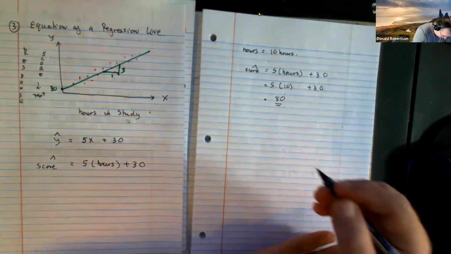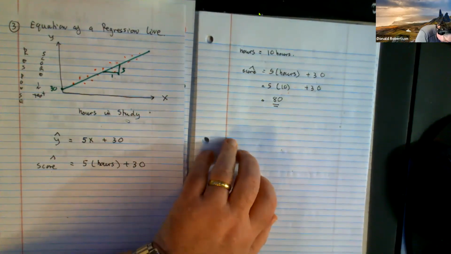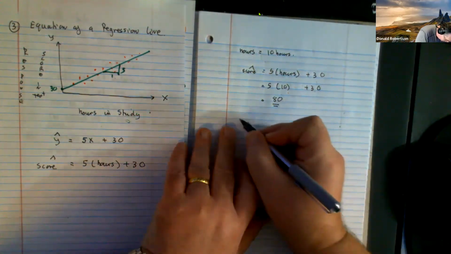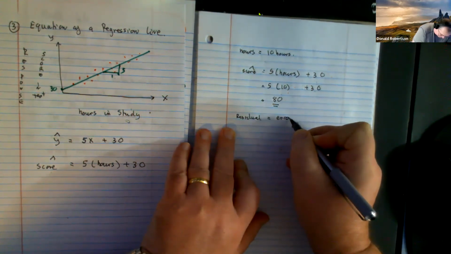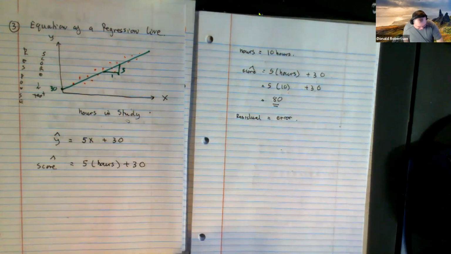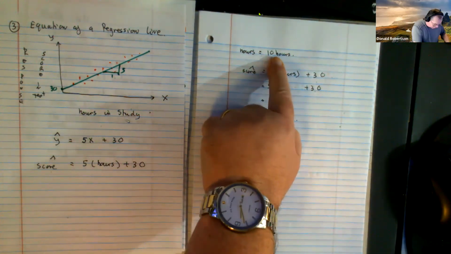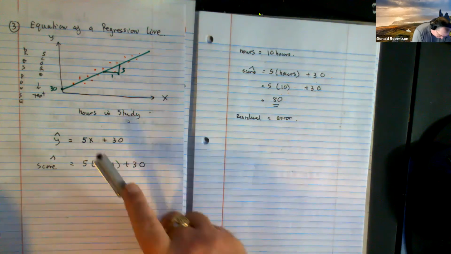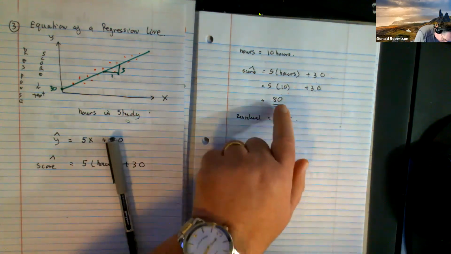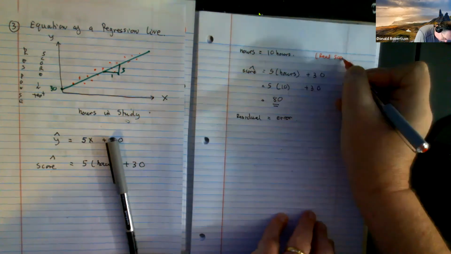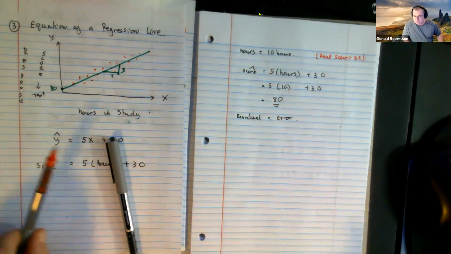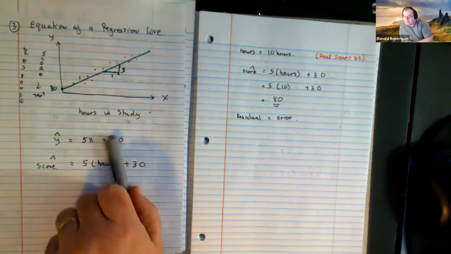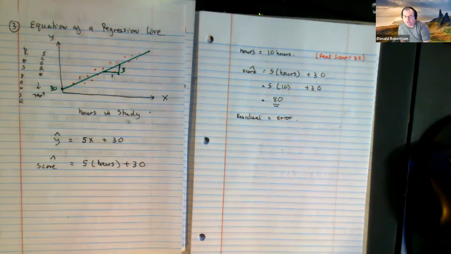Now, you could be given an extra question with that, so I'm going to add this in, and it's called the residual. The residual is essentially the error. So let's suppose that this student who studied for 10 hours, we predicted they got 80. But his real score was 82, right? A pretty good predictor, would you agree? It didn't quite make it, but it was good enough.